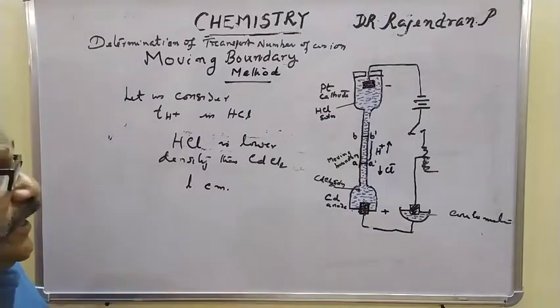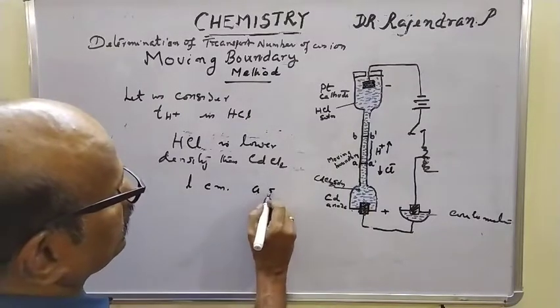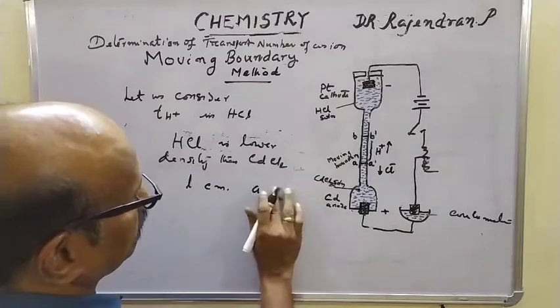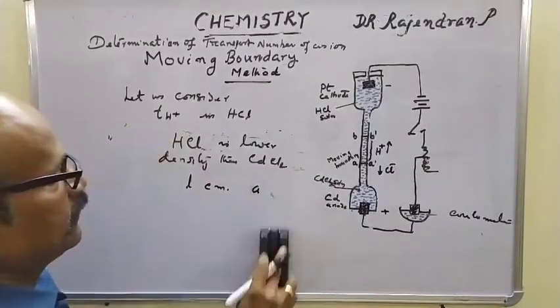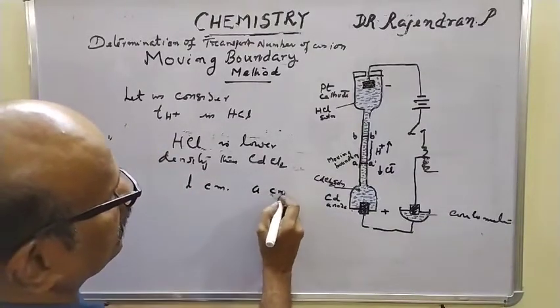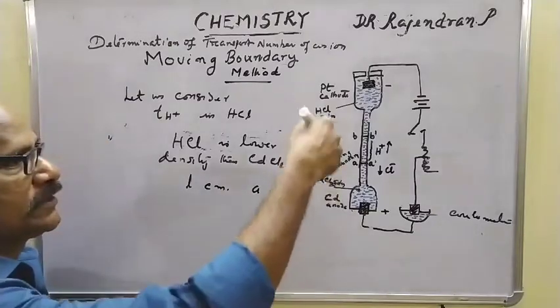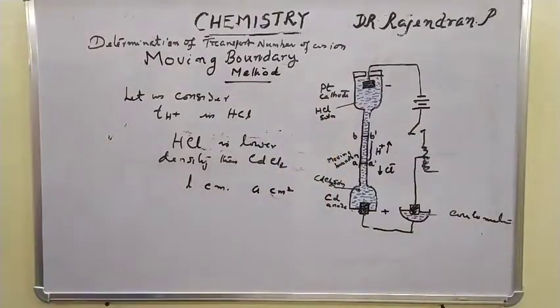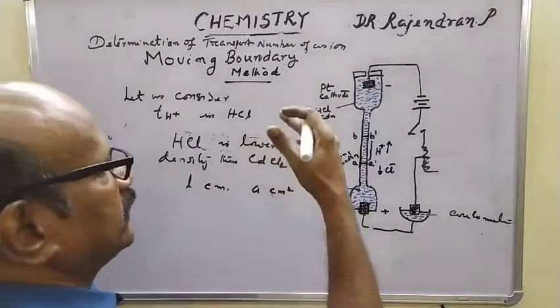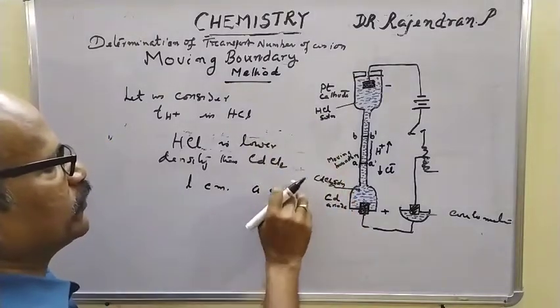Let A square centimeter be the area of cross section of the tube. The cylindrical tube is such that it has a uniform length and a uniform area of cross section.